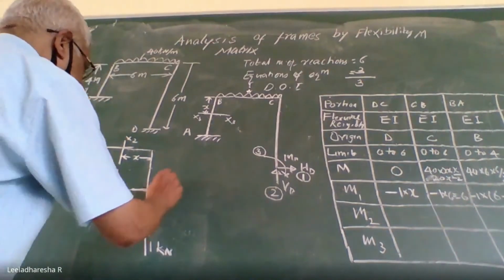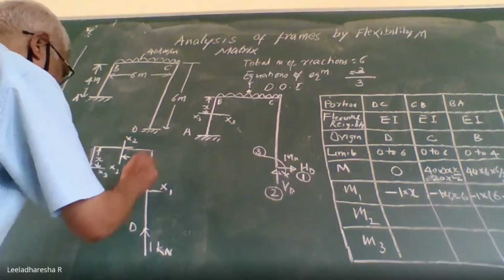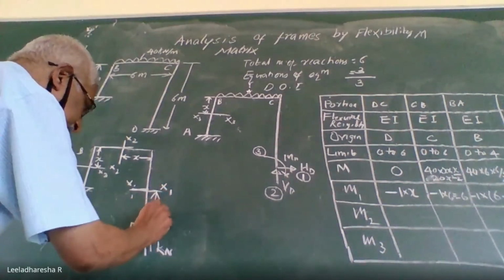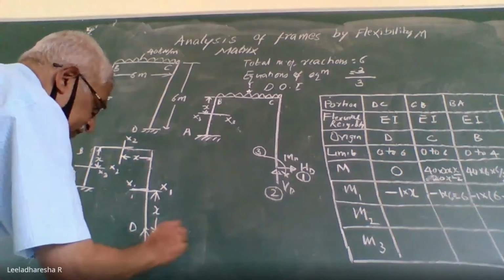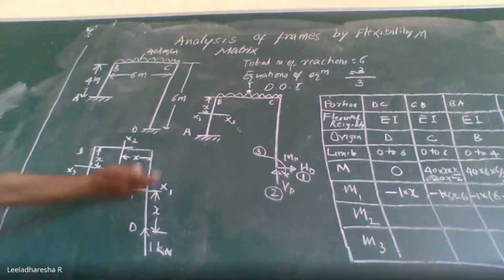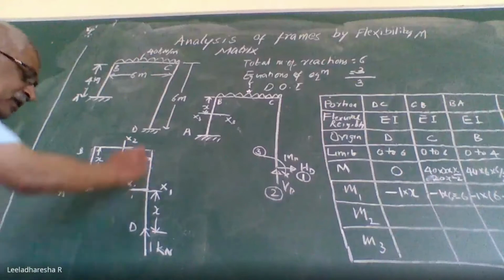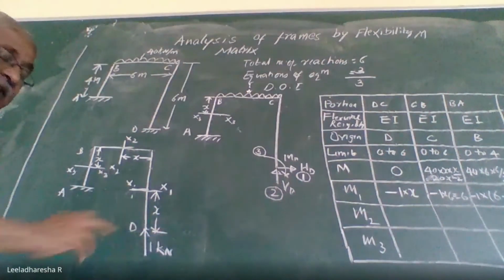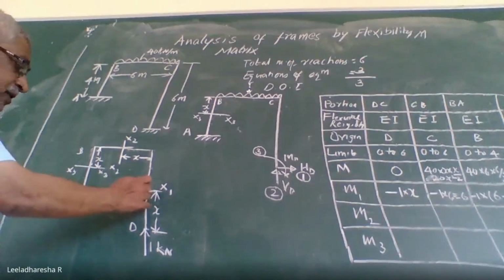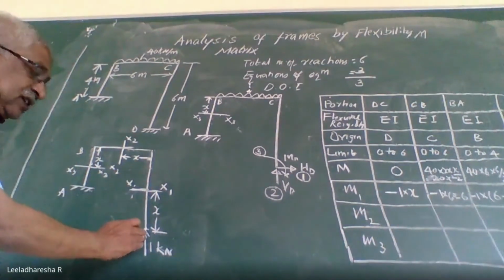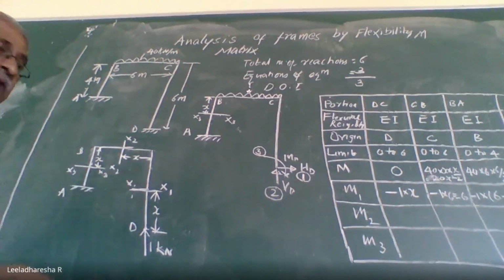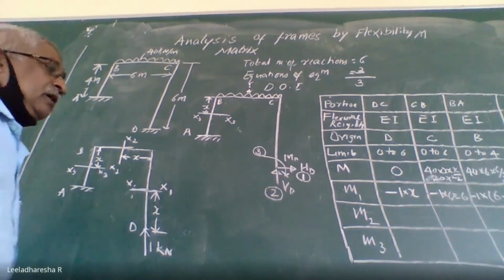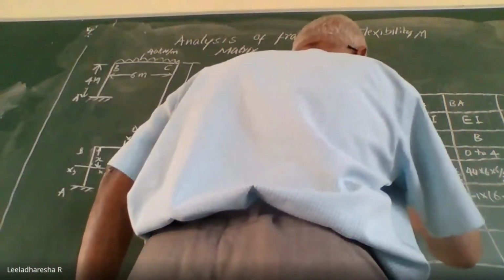Take a section, say x1, at a distance x from end D, in this portion anywhere. What is the bending moment due to this load? 1 kilonewton multiplied by the perpendicular distance between the section. See, there is no distance, it is coinciding. Therefore, the bending moment due to vertical load in this portion is going to become 0.